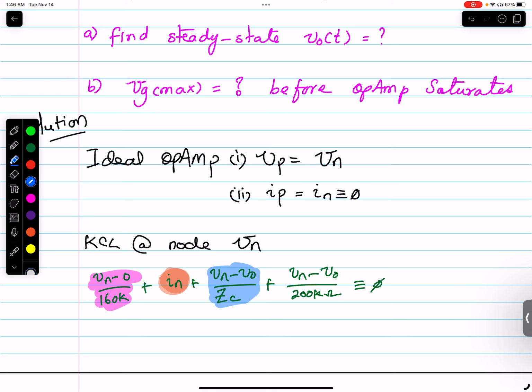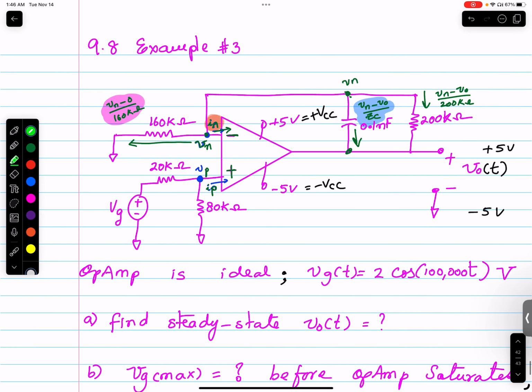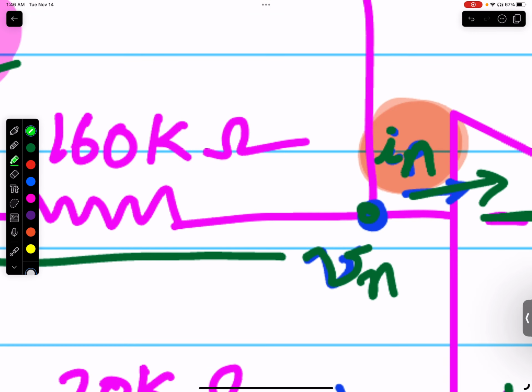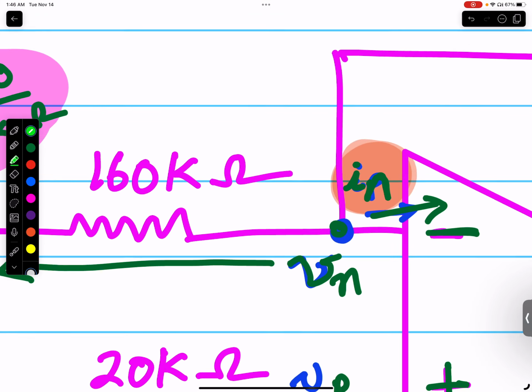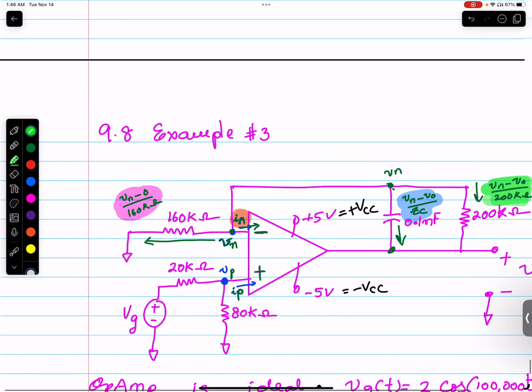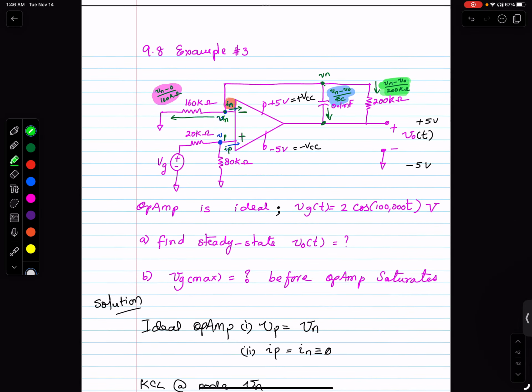Sure enough, they're the same. Now, the other one is Vn minus V0 by 200 kilo ohms. That's this guy. So all we are doing is writing KCL at node Vn. We are looking at all the currents leaving and adding them up.